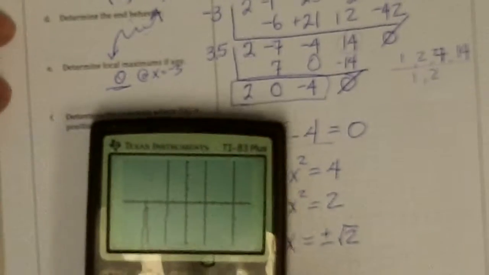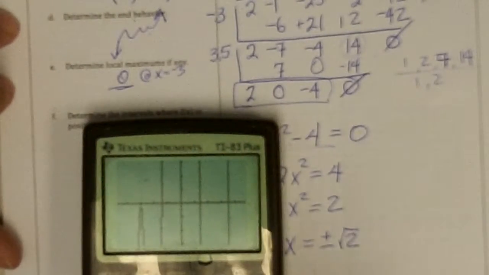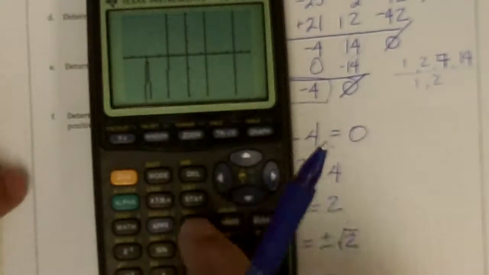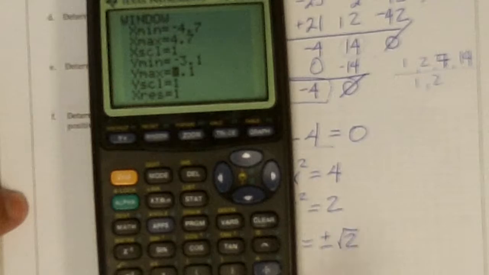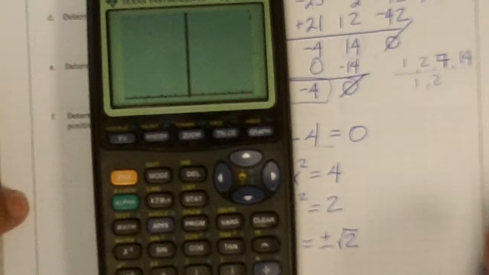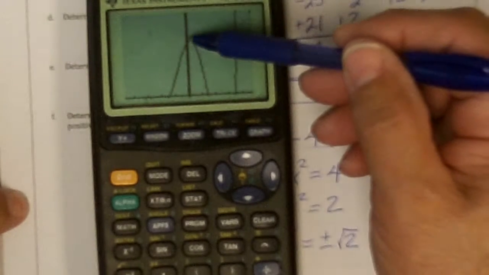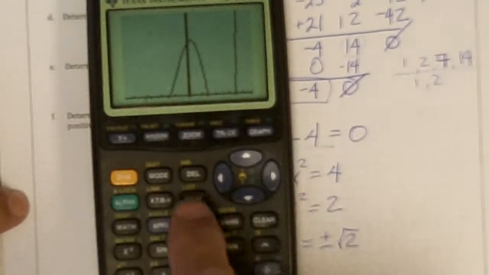And then looks like there might be another max around 0 here. And so we need to look a lot higher. So I'm going to take my window and look higher in the y's, maybe 200. And do we see it go way up there and come back down? There it is. So let's find that max. It's between -1 and 1 for sure.